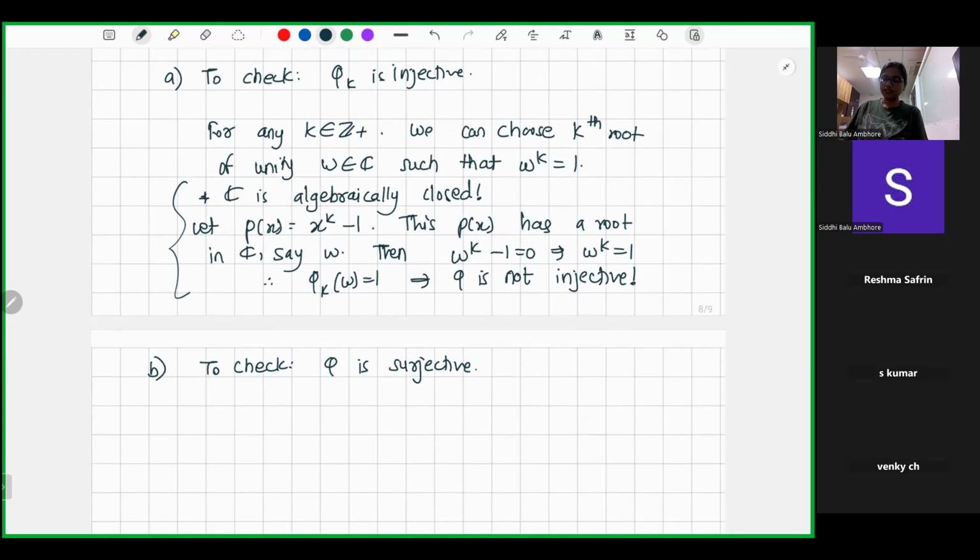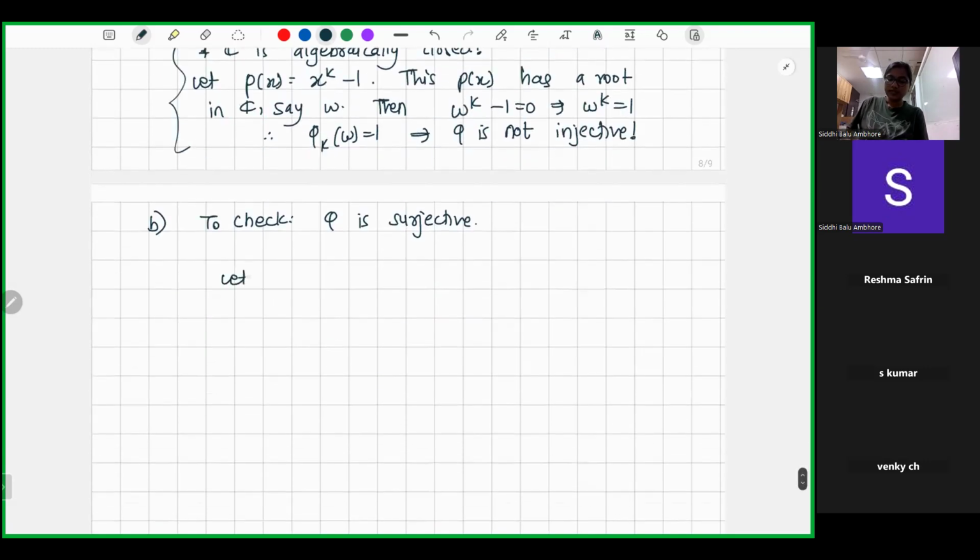So let some Z be in G, and we need to find, or can we find, some element G in G such that phi k of G is Z?